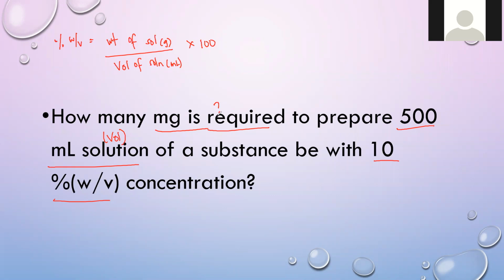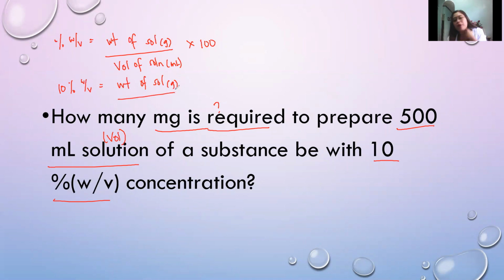So you just have to substitute the given dito sa atong problem. Like sa percent weight per volume, given here ang 10% weight per volume. And then we will be looking for the weight of the solute in grams first before mag-convert into milligrams. And then the volume of solution, it's 500 ml times 100. Okay?